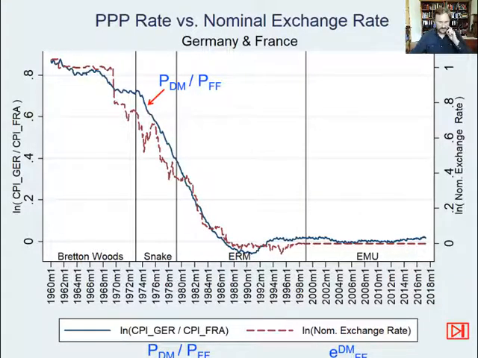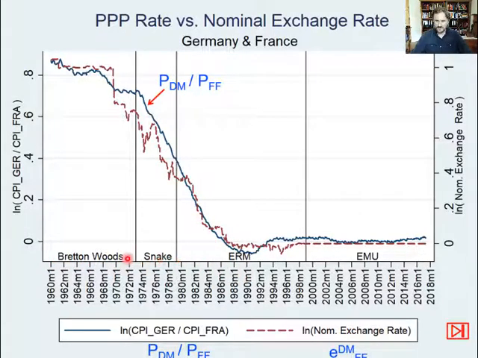All in all, however, the diagram shows that the actual exchange rate, the red dashed line, followed the purchasing power parity exchange rate, the continuous blue line, in the long run, especially during the period before the 90s.